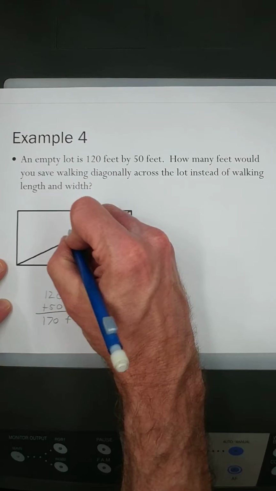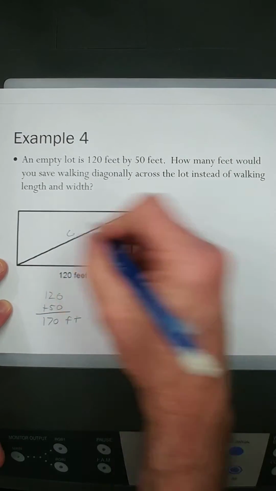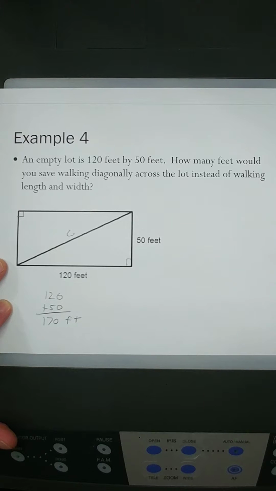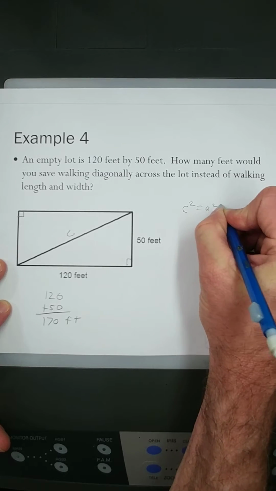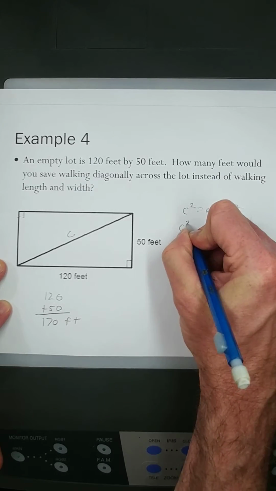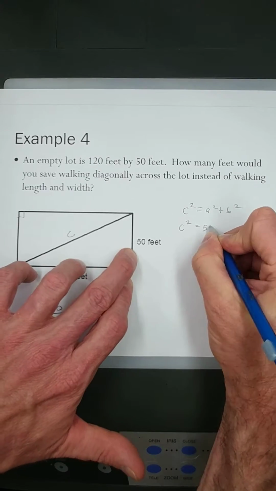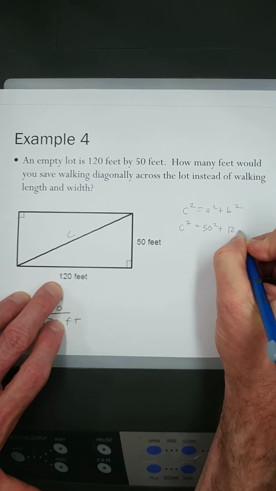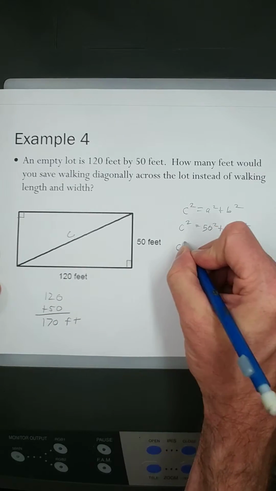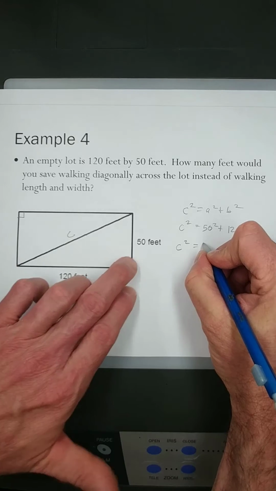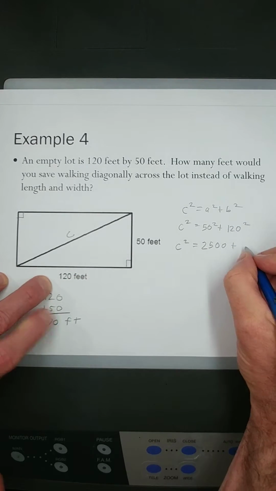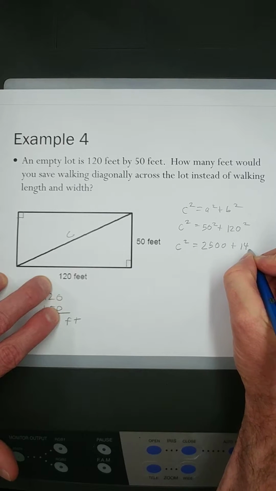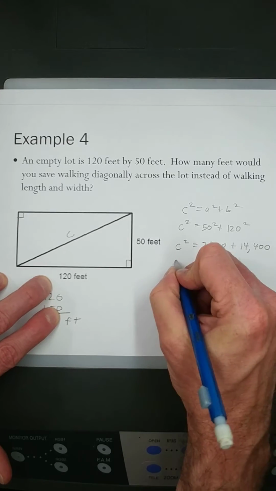Well, again, this is a right triangle. We can assume that the corners of the empty lot or park are right angles. So we can go C squared equals A squared plus B squared. And that will be 50 squared plus 120 feet squared. 50 squared is 2,500 and 120 squared is 14,400.